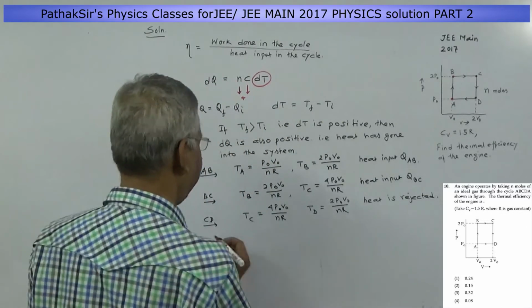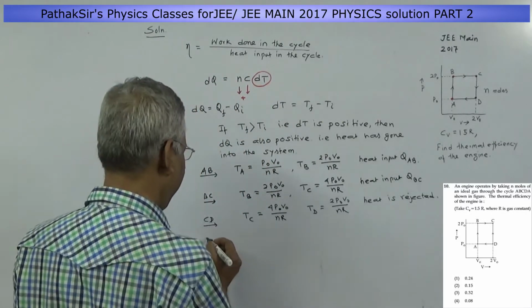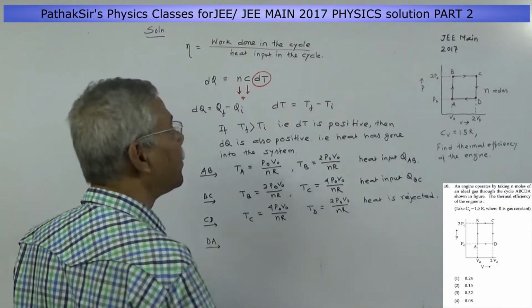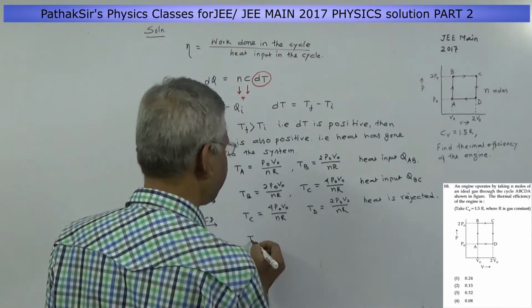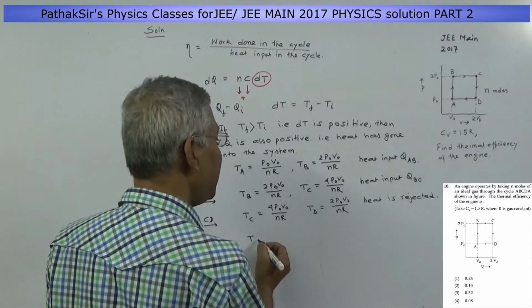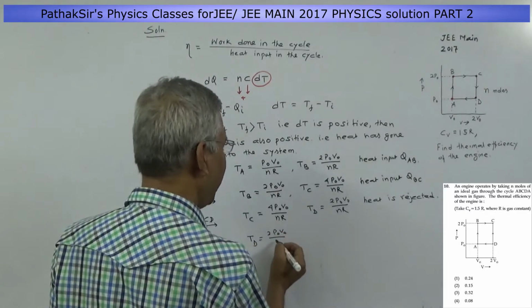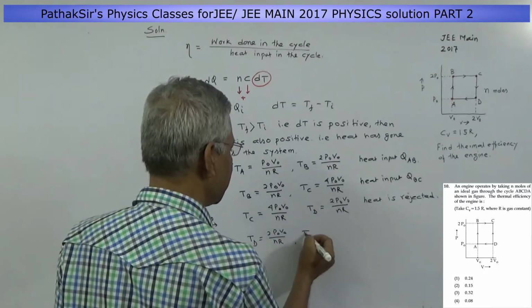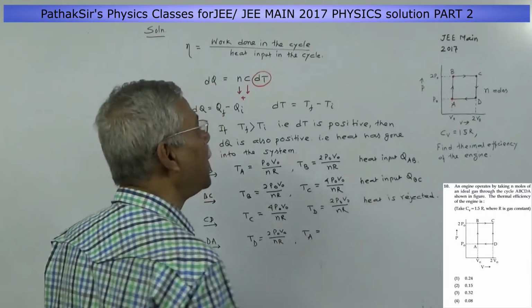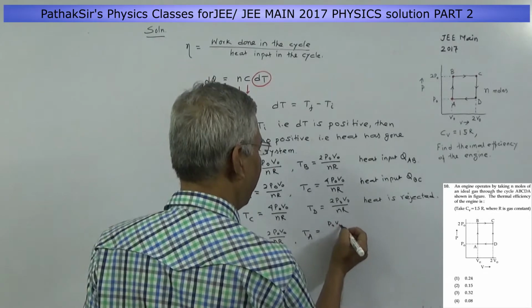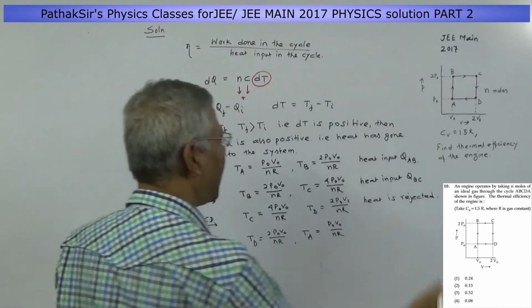Okay, then DA. TD equal to 2P naught V naught by nR, and TA equal to P naught V naught by nR.